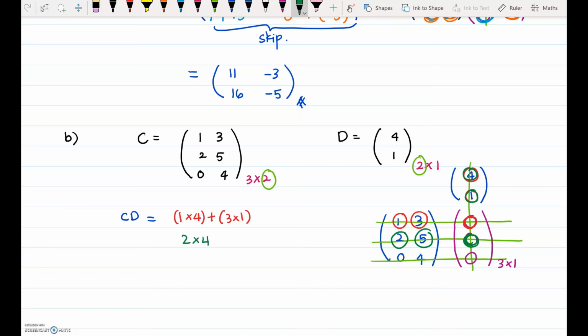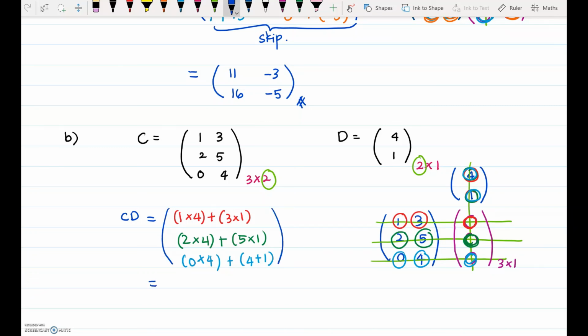And the next one, let's use blue. This one will be 0 times 4 plus 4 times 1. So this is your answer.